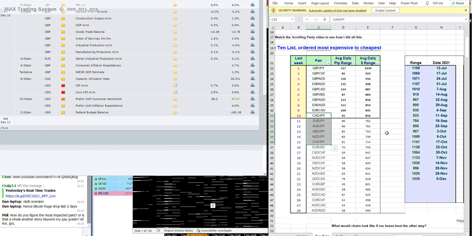So this is just what I'm observing. Of course, the pound is still at the top of the list because it is still impacted by the post-Brexit effect. But after the pound, we have the yen. And the yen is one of the most important safe havens. So something is worrying the big boys.